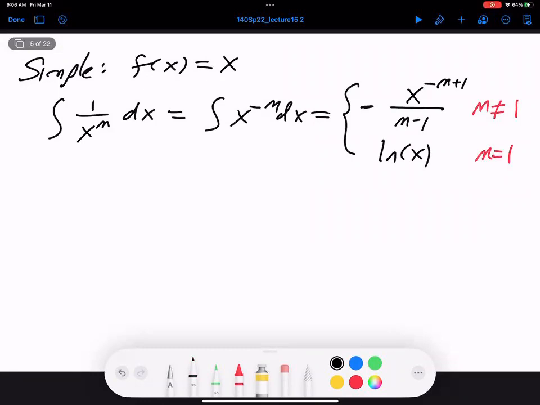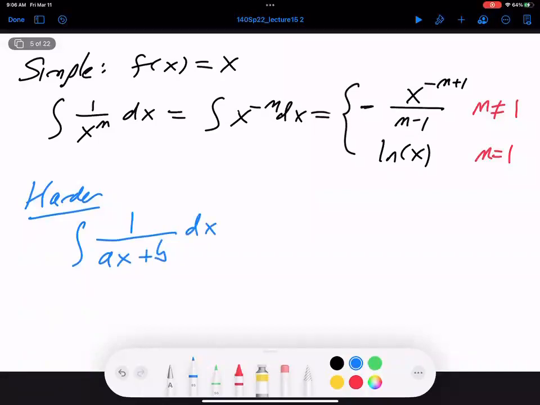Okay. So now let's try to do something a little bit harder. The next thing I could try to do is the integral of 1 over, say, ax plus b dx. There's a couple of ways to do this. I could pull the a outside the integral.